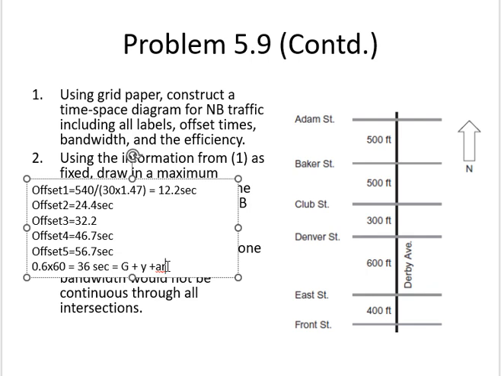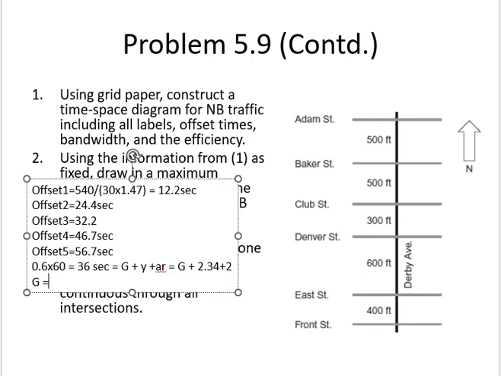So the total phase time is 36 seconds. Out of this 36, I don't know the green time, but I have found the yellow and all red, which is 2.34 plus 2.